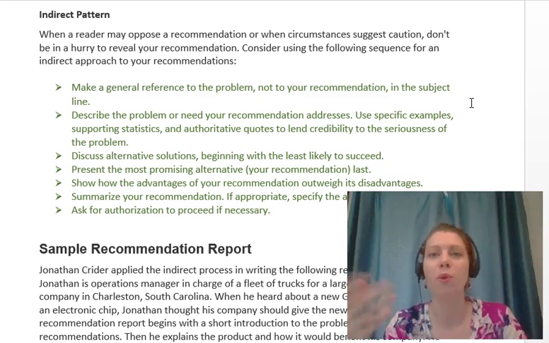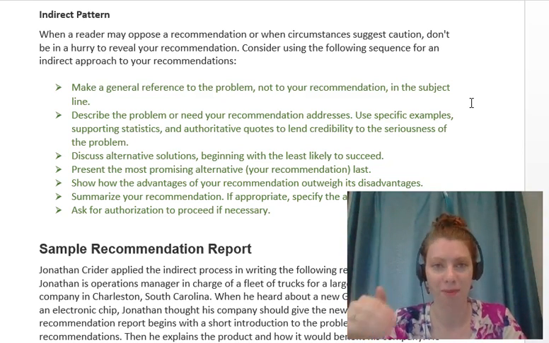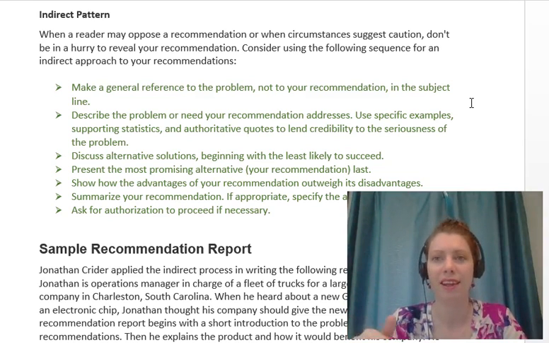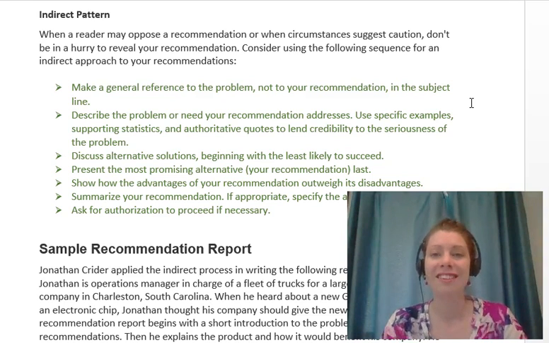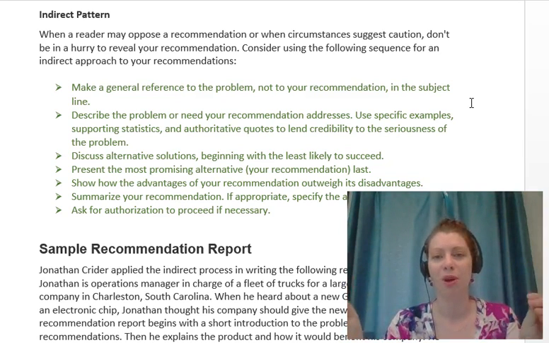So throw out your weaker arguments, so to speak, in the beginning, and then build on showing how it gets better and better and better. Present the most promising alternative or your actual recommendation last, right? So building up to that, woo, this is a great product or service.